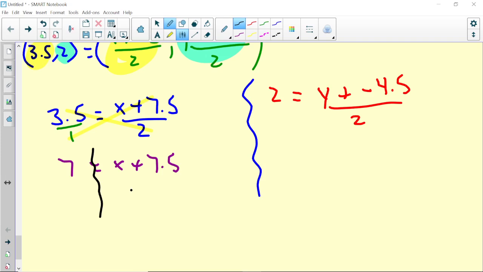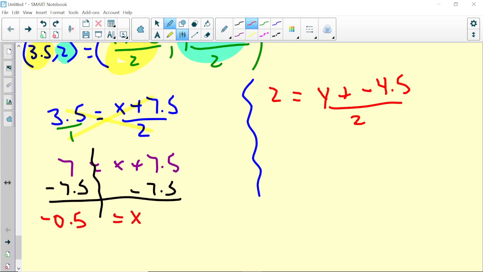I want to get x by itself, minus 7.5 from both sides. So 7 minus 7.5 is negative 0.5 equals x.